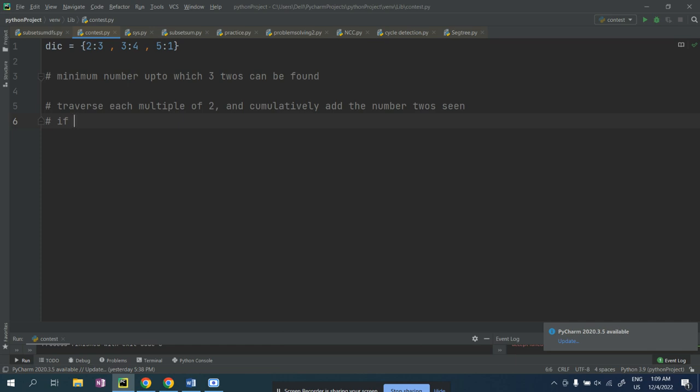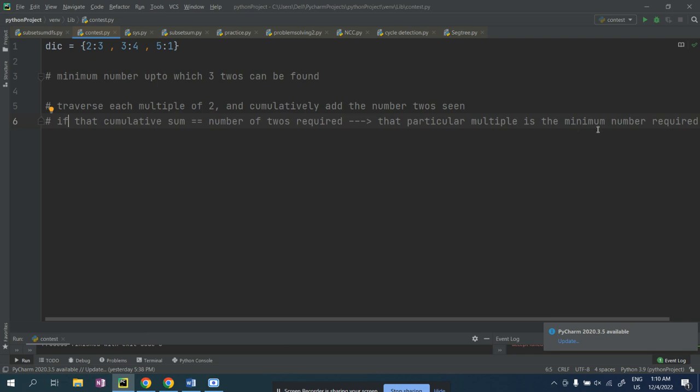If that cumulative sum becomes equal to the number of twos required, you will say that that particular multiple is the minimum number required.